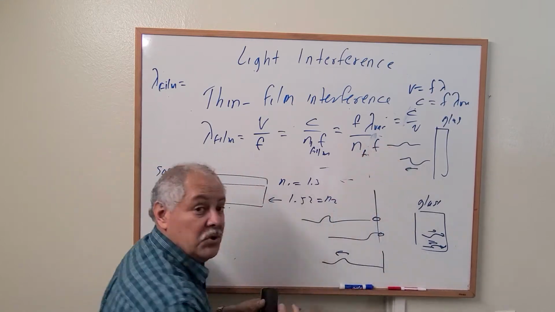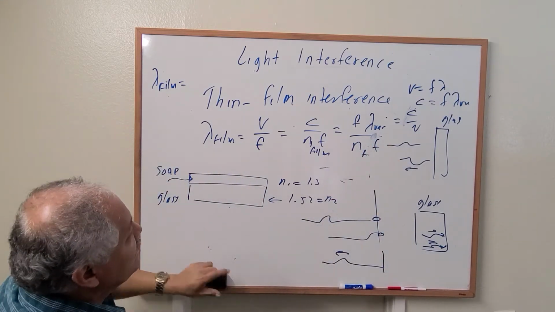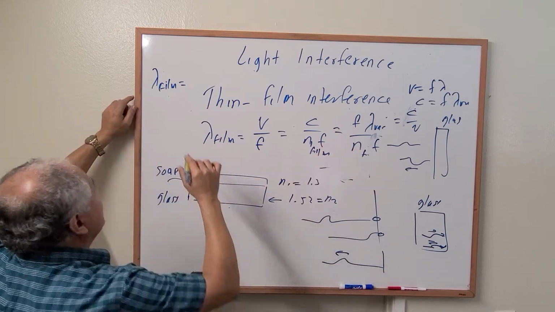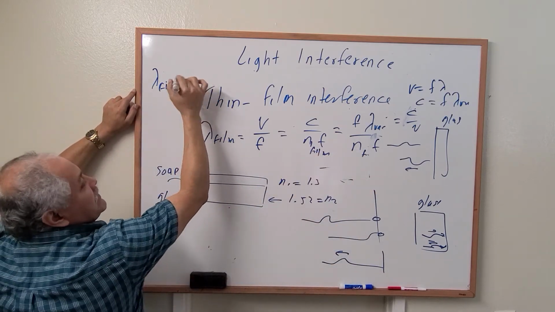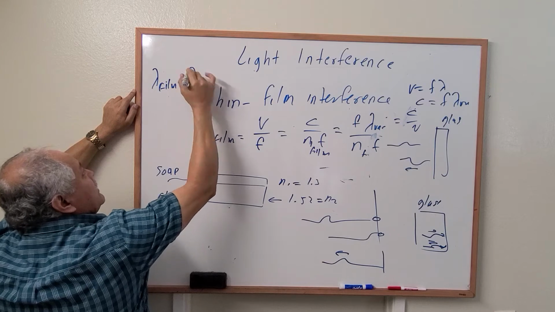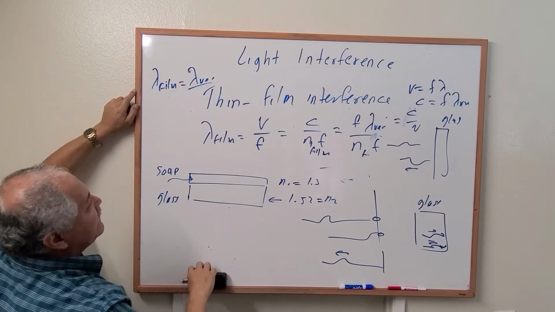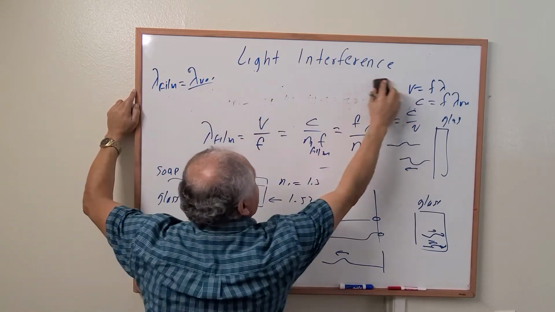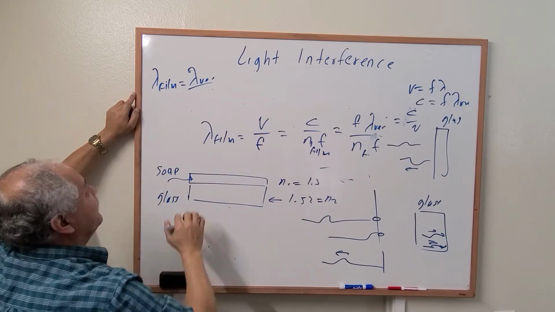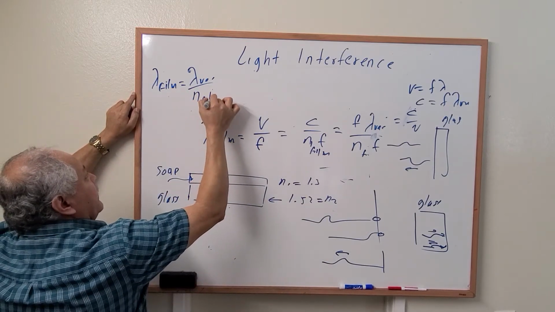The frequencies cancel, and we have lambda of the film equal to lambda in vacuum divided by the index of refraction of the film.